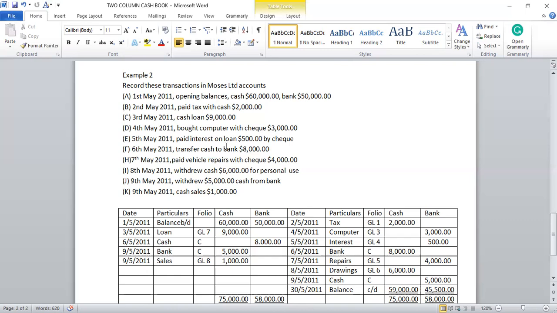That means the amount is being transferred from the cash account to the bank account, and it's $8,000. So the cash account is going to be credited, and the bank account debited.